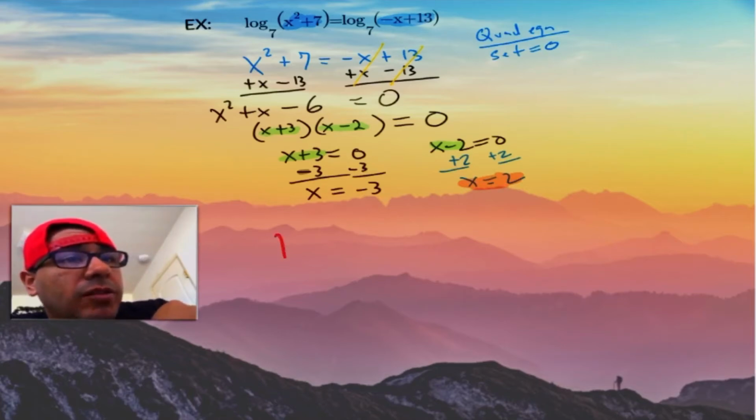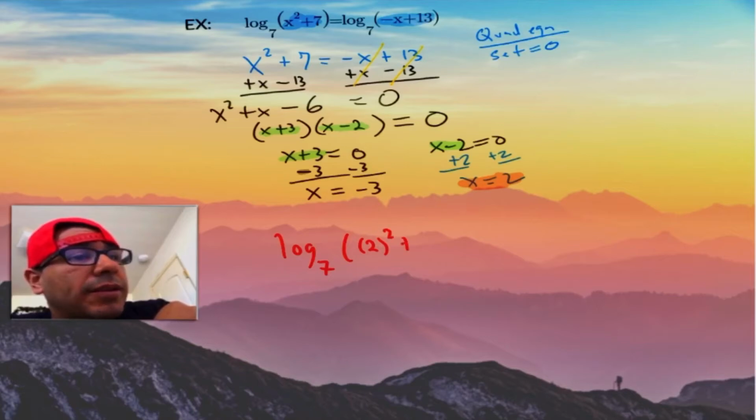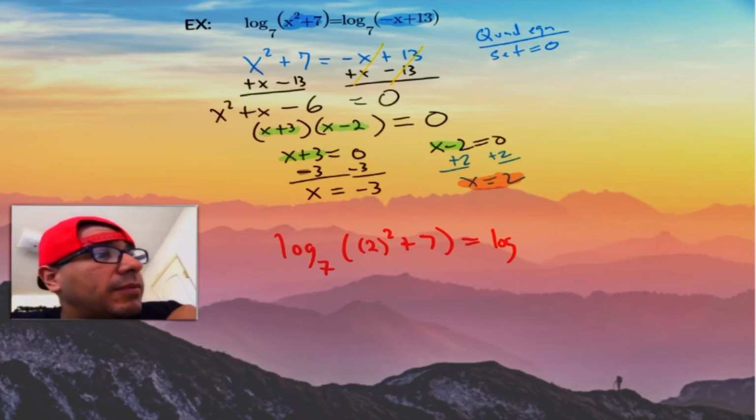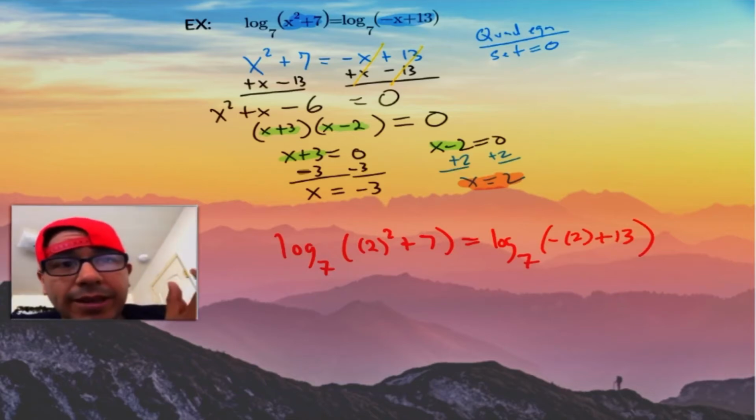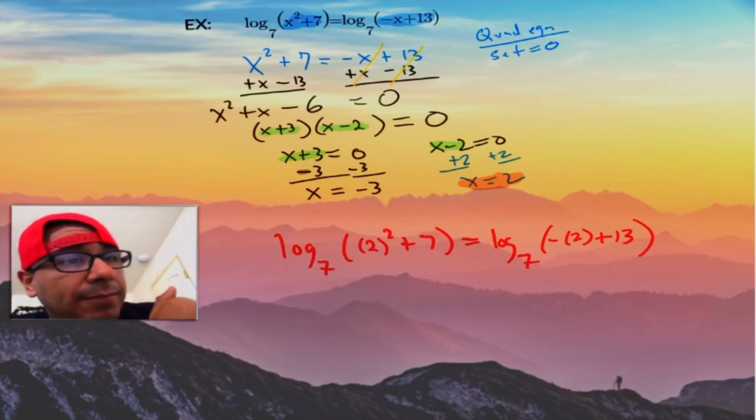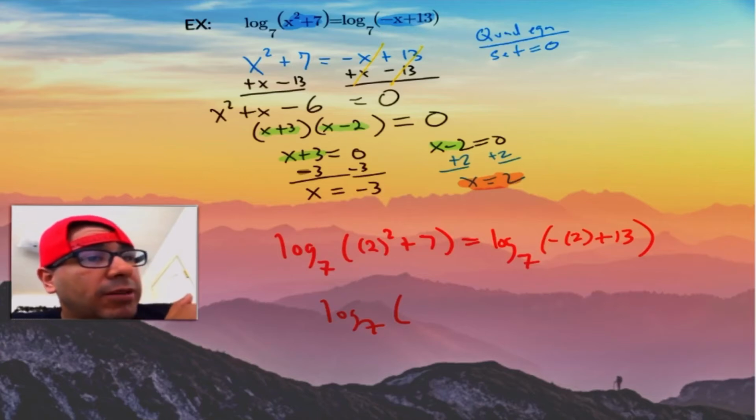The original function said log base 7 of x squared plus 7 equals log base 7 of -2 plus 13. Let's evaluate both sides. So we get log base 7, and here we're left with 2 squared, so 4 plus 7. So we get 11 on one side.